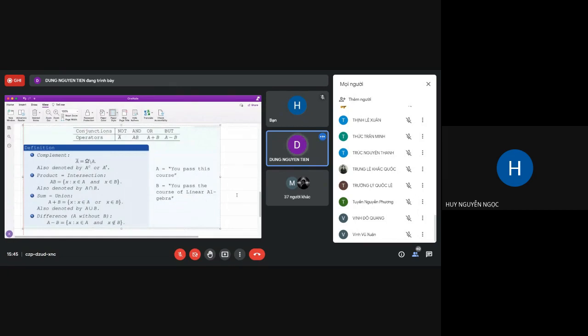And you can use some operators to denote those conjunctions in probability or in math.